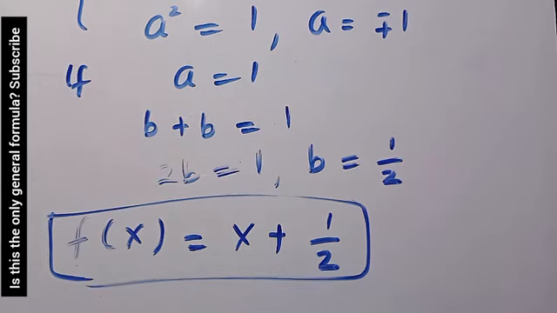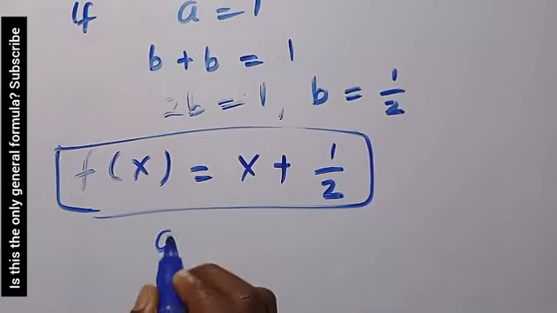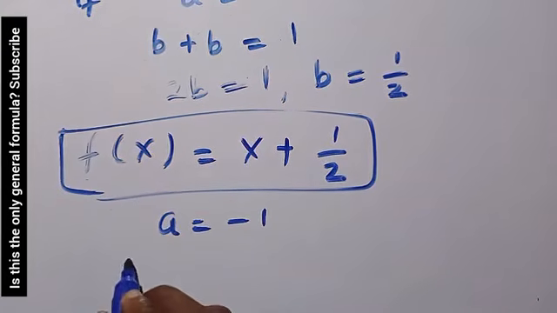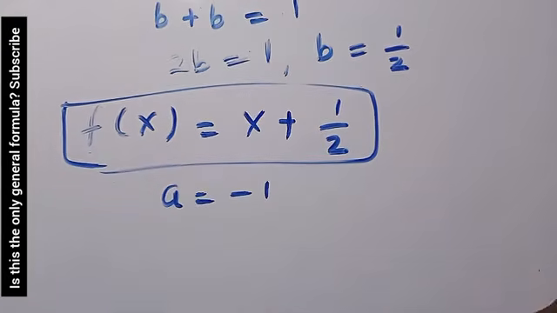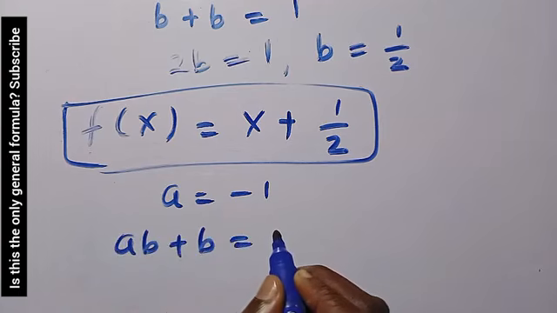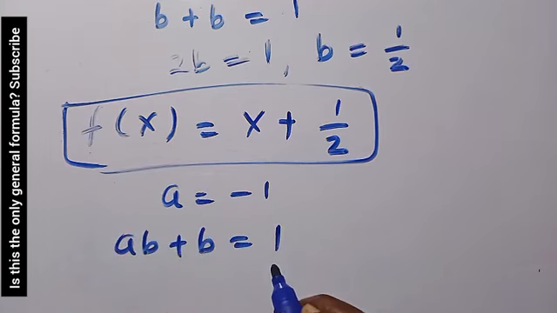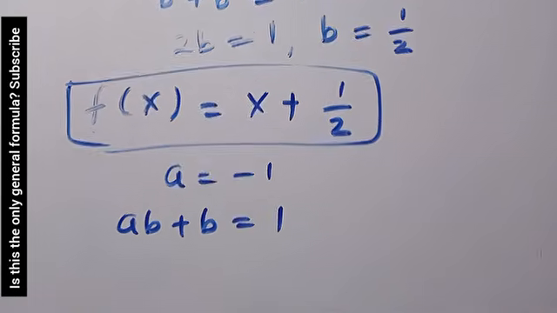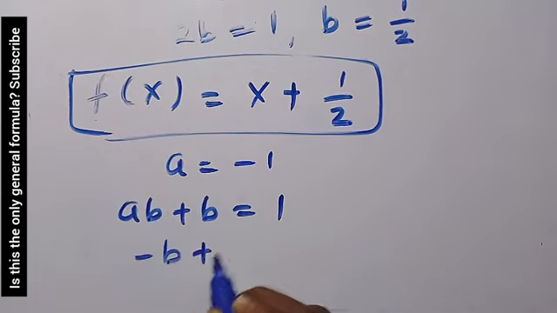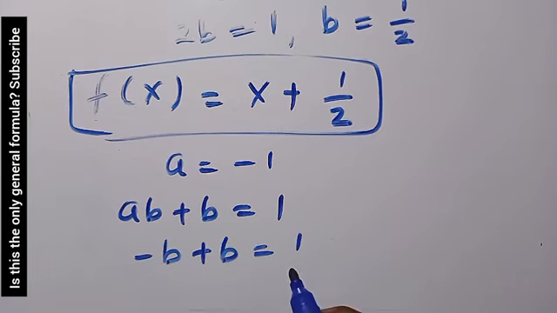And also, if our a equals minus 1, substituting into the second equation, which is ab plus b equals 1, then a is minus 1, that is minus b plus b equals 1.